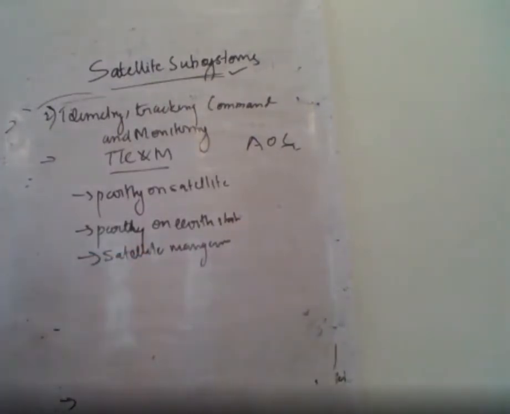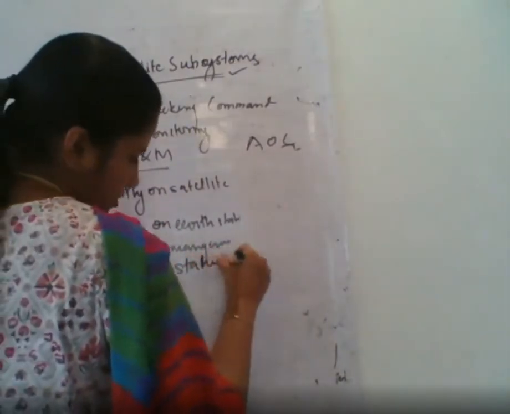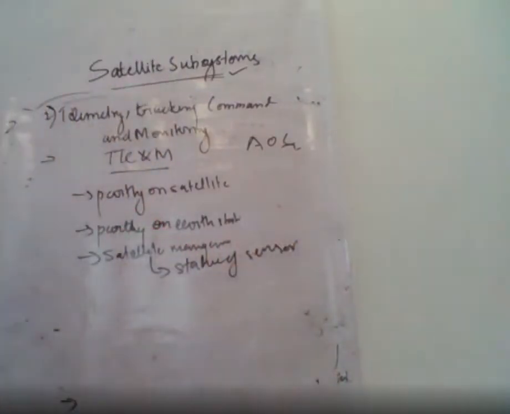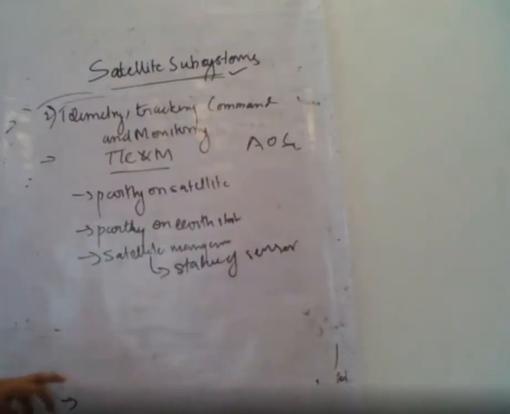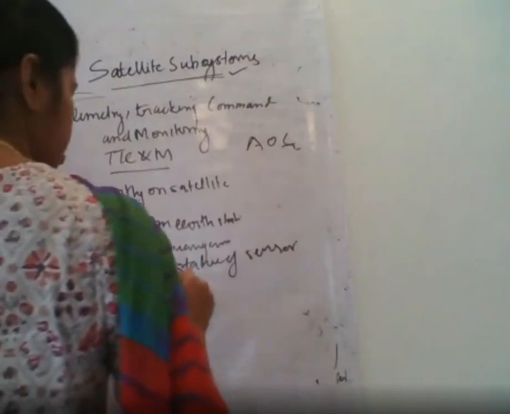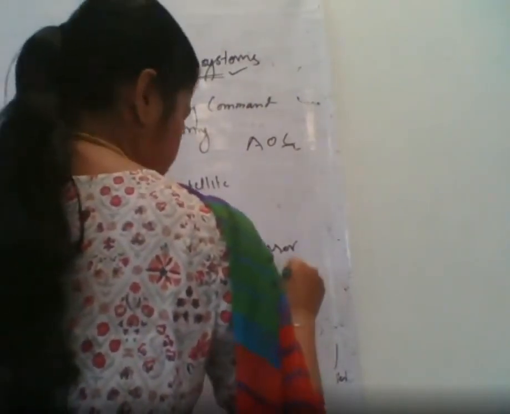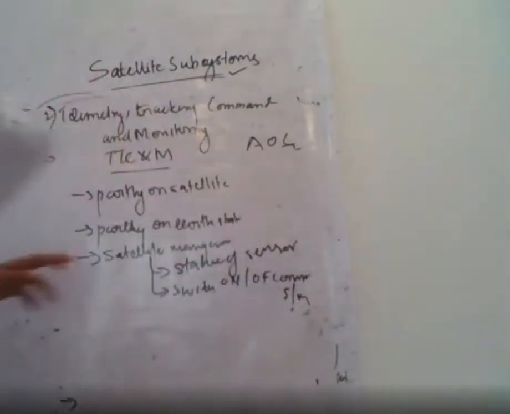We have discussed in AOC that it controls the orbit and attitude. It also monitors the status of sensors. Usually hundreds of sensors are used in a satellite. So it monitors the status of satellite sensors and the subsystems on the satellite, and switches the communication system on and off. These are the functions of satellite management.